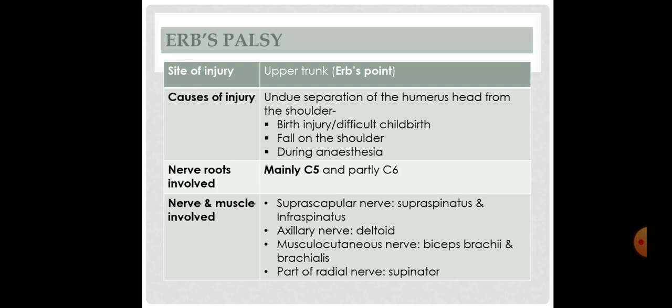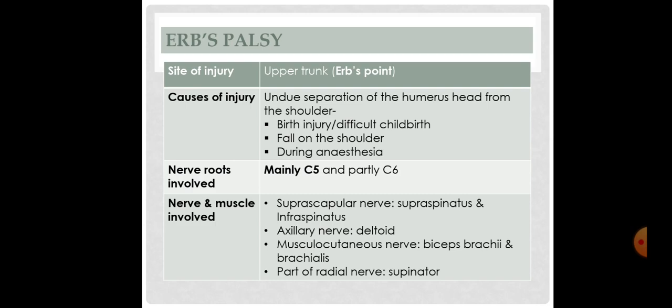So let's see what nerves and muscles are involved. The suprascapular nerve arises from the upper trunk bearing the nerve roots C5 and C6, so this nerve will be affected. The muscles supplied by the suprascapular nerve are supraspinatus and infraspinatus, so these two muscles will be paralyzed.